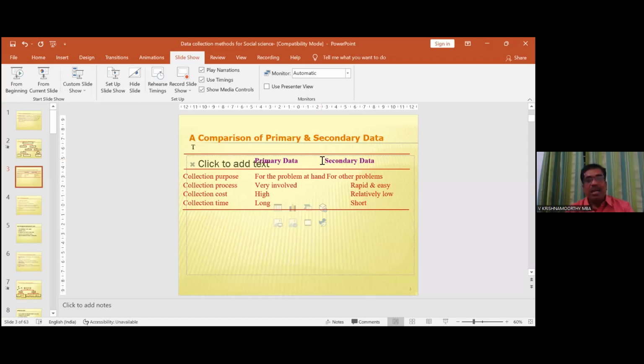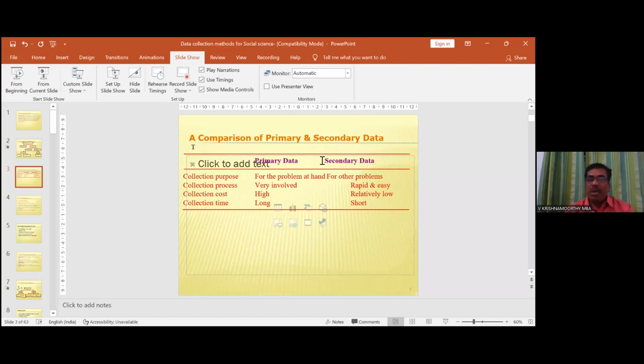Similarly, let's take cost involved. In the case of primary data, you probably need to spend huge money for collecting data. Whereas for collecting secondary data, you do not spend money.